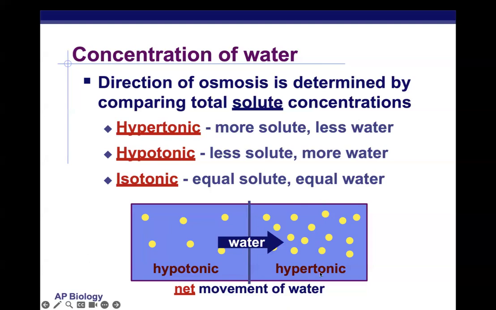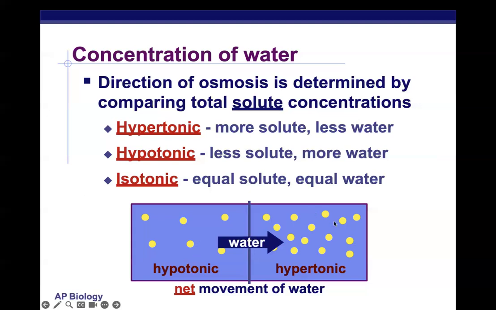We call it hypertonic. So water will always move from the hypotonic side, where there's less solute and more water, to the hypertonic side, where there's more solute and less water. It's still moving from high to low. Hypotonic, more water.